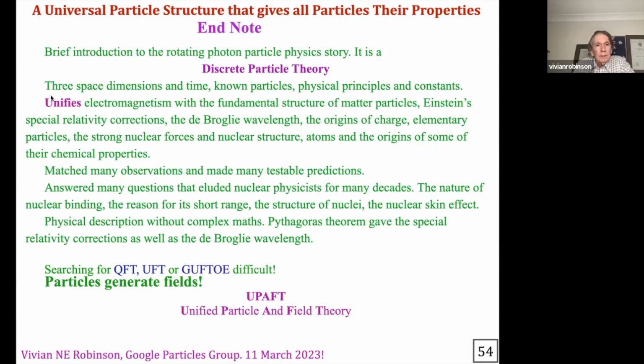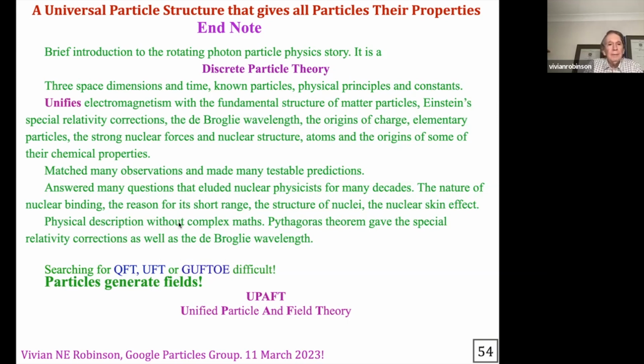Respectfully suggested, it unifies electromagnetism with the fundamental structure of matter particles, with Einstein's special relativity corrections, the de Broglie wavelength, the origins of charge, elementary particles, the strong nuclear force and nuclear structure with atoms and the origins of their chemical properties. It's matched many observations and made many testable predictions. It's answered many questions that eluded nuclear physicists for decades: What is nuclear binding? The reason for its short range, the structure of nuclei, the nuclear skin effect, and more.